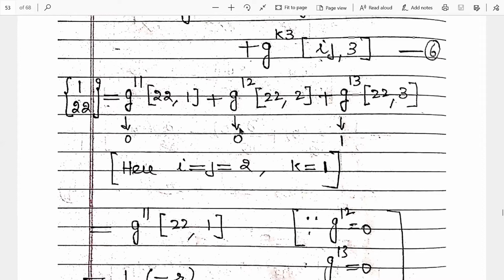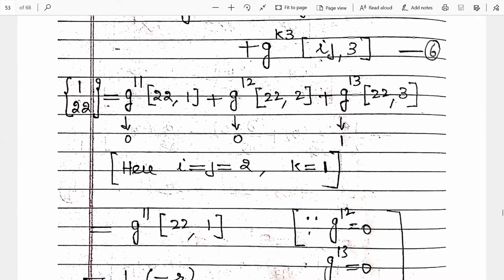So g^12 is 0, g^13 is 0, but g^11 is 1. So correct this term, that is not right. So g^11 is equal to 1, g^12 is 0, and g^13 is again 0.